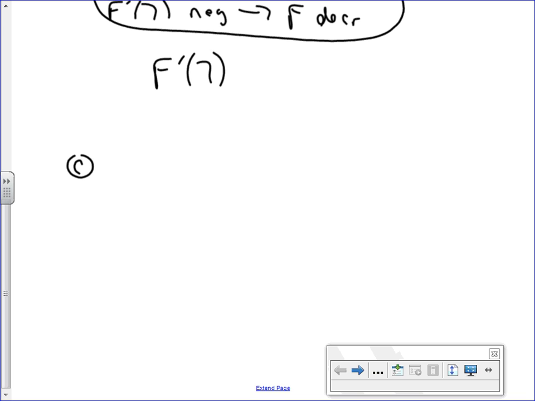Oh my goodness, every time I turn around, they're asking me to find an average. The average value of what? Traffic flow. Do I have a function called traffic flow? Yes. Okay, so I'm going to do 1 over b minus a, the integral from a to b of the traffic flow.